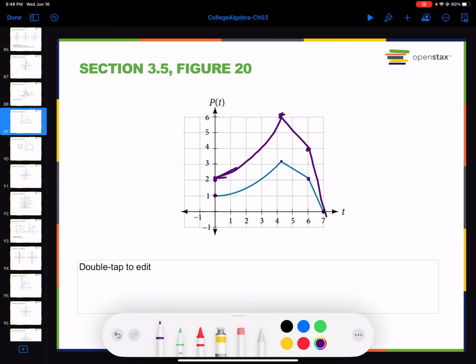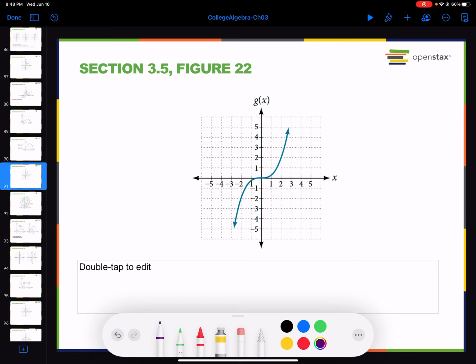And then let's see the next one. This one is asking us to, this is a transformation of f of x equals x cubed, and it wants us to relate the function g of x to f of x. So what's happening here?